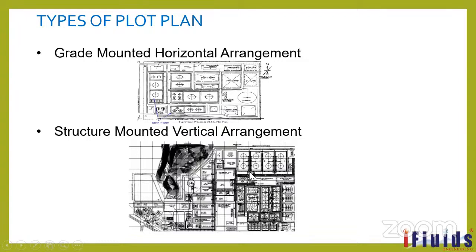For example, if there is a column, there will be an overhead condenser and a reboiler. According to the process requirement, even if you have space, we have to go for the structure mounted vertical arrangement so that we can facilitate processing our chemicals.